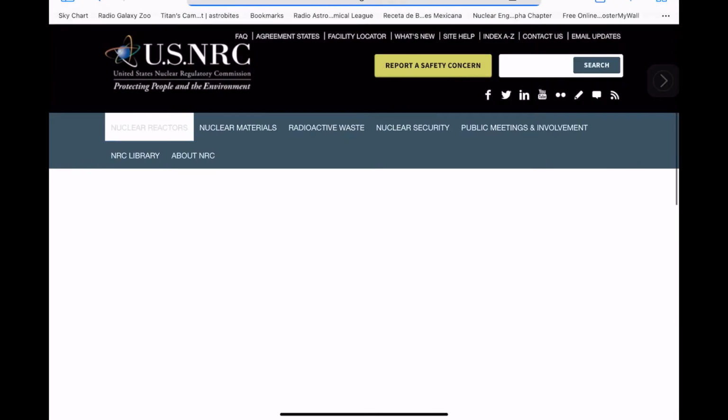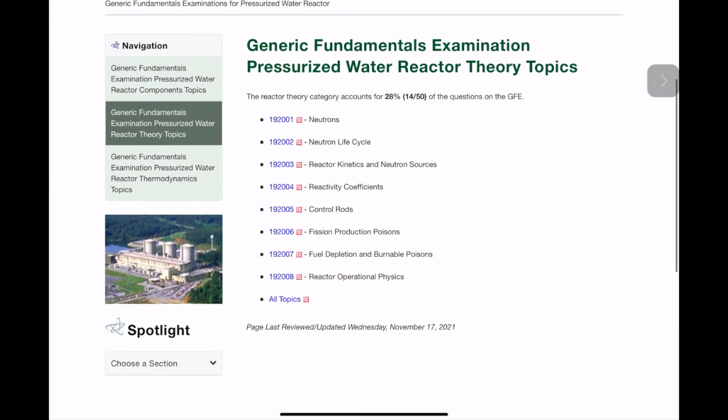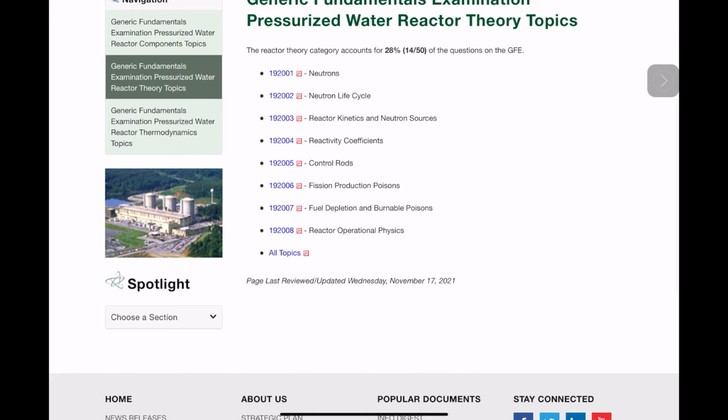Then you're going to learn about reactor theory: neutrons, neutron life cycle, kinetics, coefficients, control rods, fission products, poisons, fuel depletion and burnable poisons, and reactor operational physics.